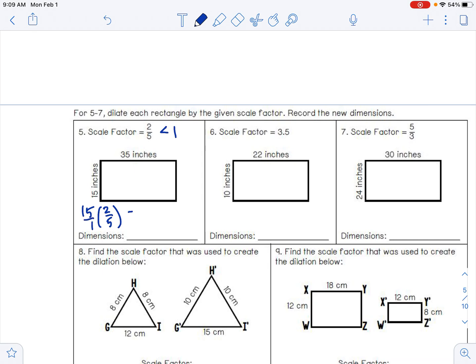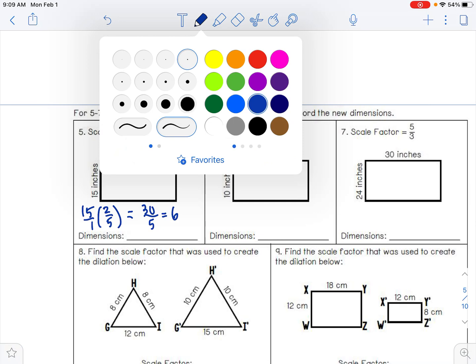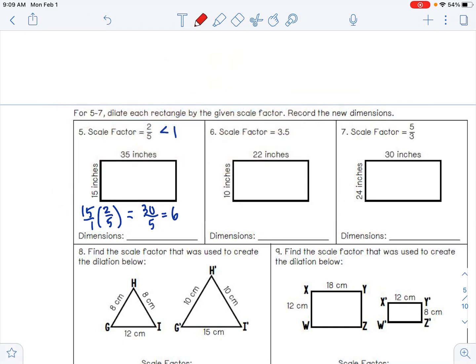Okay, I want to remind you guys, when you're multiplying with fractions, you can just go straight across the top, 15 times 2, and straight across the bottom, 1 times 5, and then reduce or divide 30 by 5 and get 6. You can, however, when you're working with fractions, if you recognize something in the numerator and denominator that will simplify first because they have a common factor, we can do that.